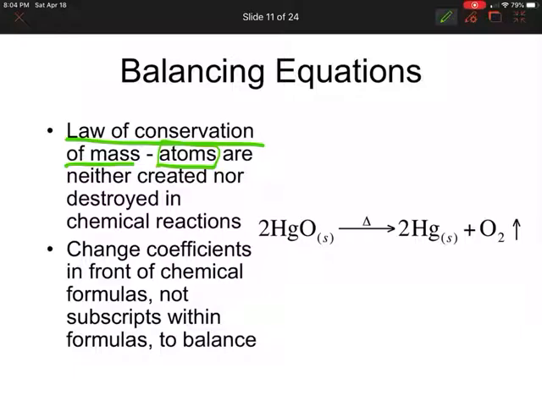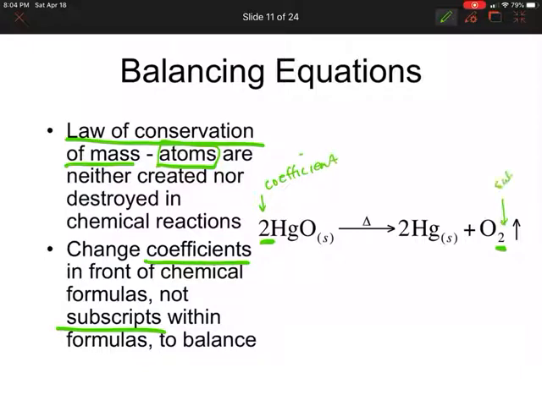You can see on the second bullet point that you will be in charge of changing the coefficients in front of the chemical formulas, not the subscripts. This number right here is a coefficient. This number right here is a subscript.